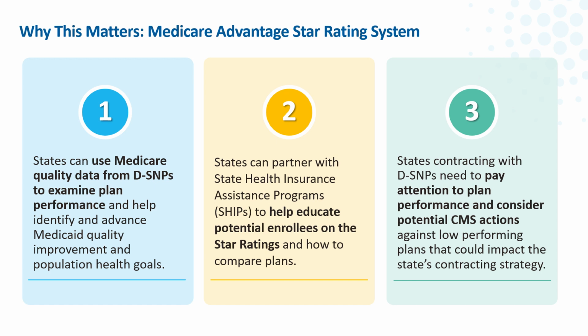Third, it is important for states to understand how the Medicare Advantage organizations that it contracts with are performing. This can be particularly important when states choose to contract selectively with D-SNPs. States need to be aware of the potential actions that CMS may take against a consistently low-performing plan, which may include contract termination.